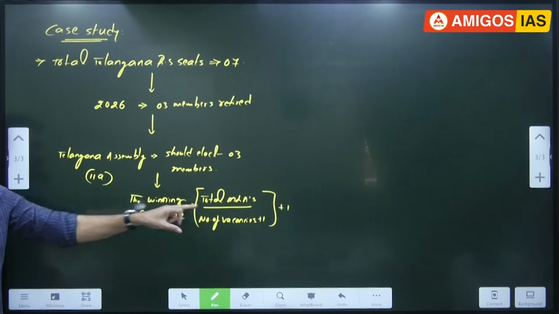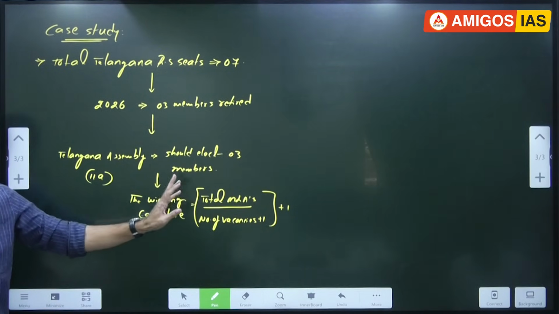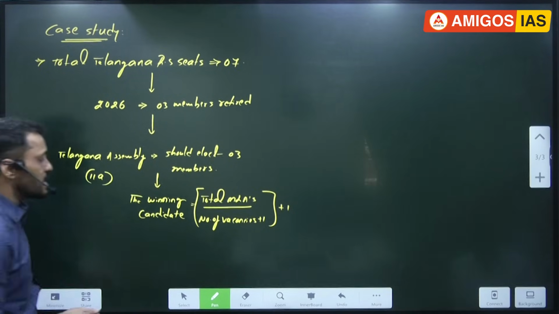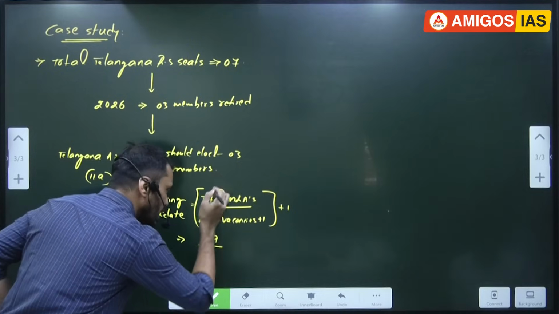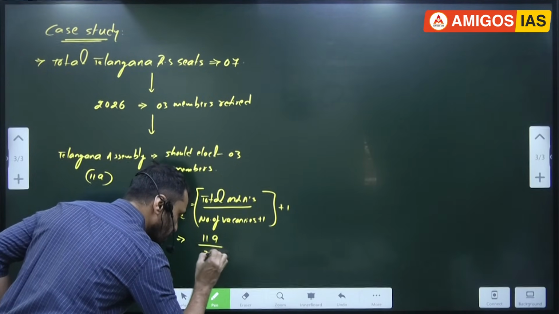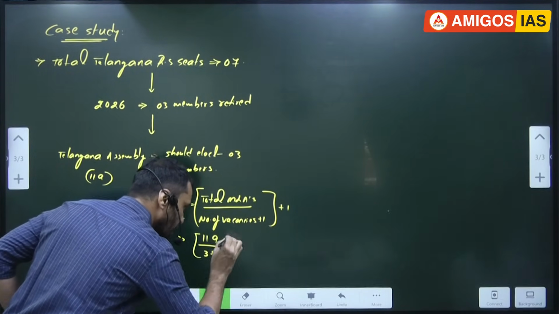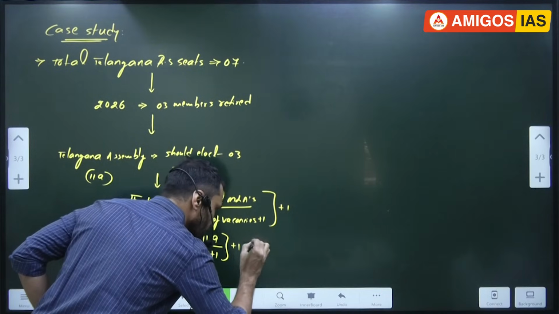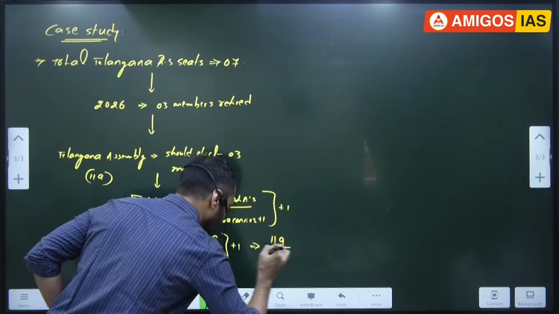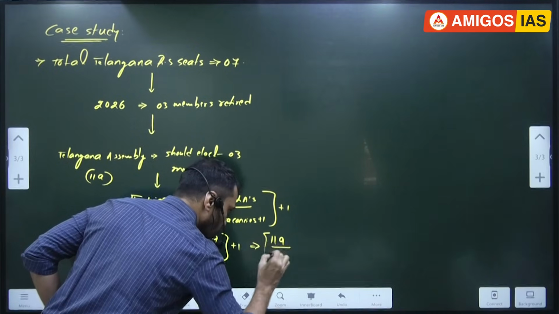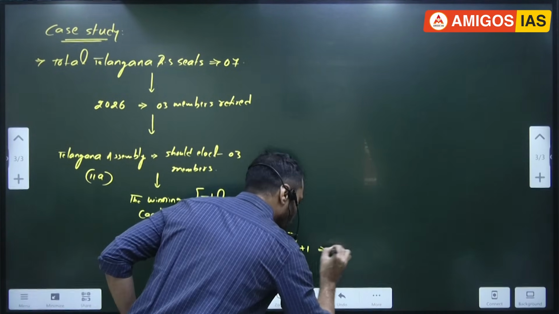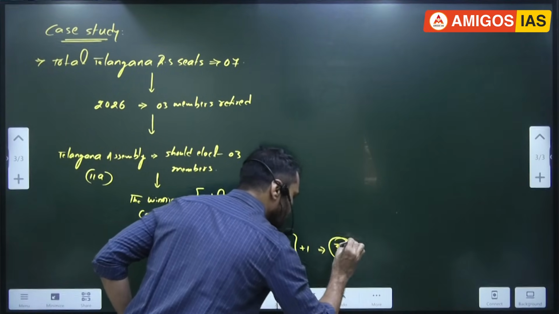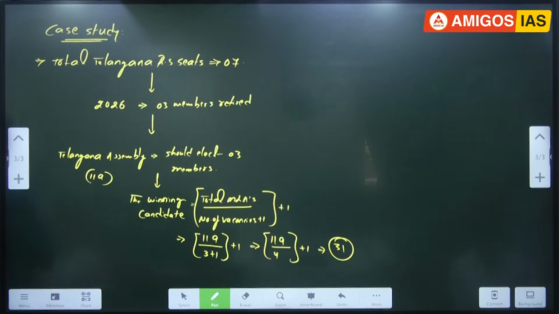Each candidate should get how many votes? This is the formula. Here total MLAs how much? 119. Number of vacancies how much? 3 plus 1 and plus 1. So 119 by 4 and plus 1. So approximately how many votes should each candidate get? 31. Each candidate should get 31.